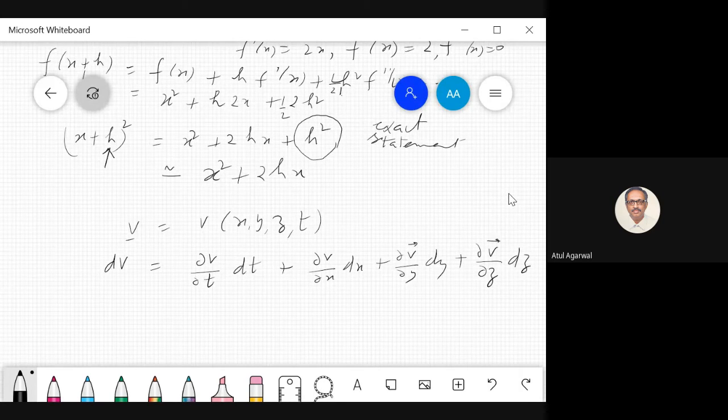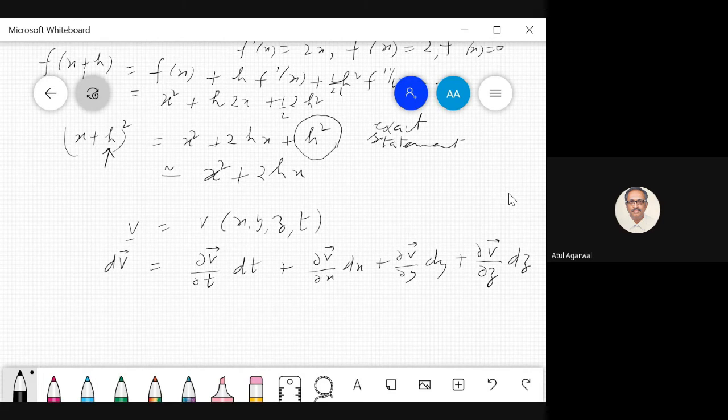So first derivative with x into whatever is the change in position dx, change in y coordinate, change in z coordinate.